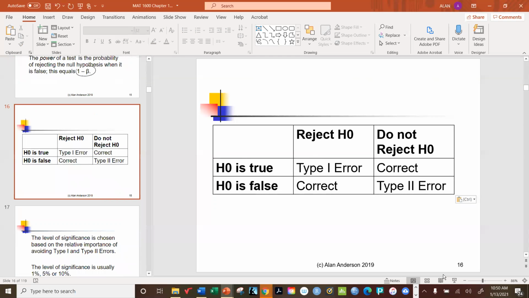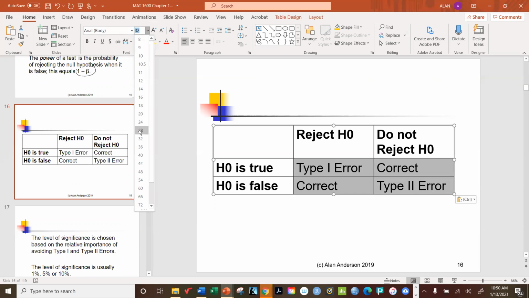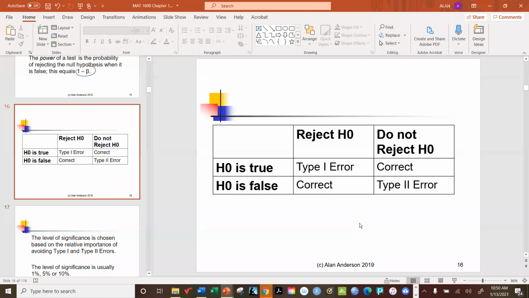So the type 1 error, I need a little space in here. Whoops.